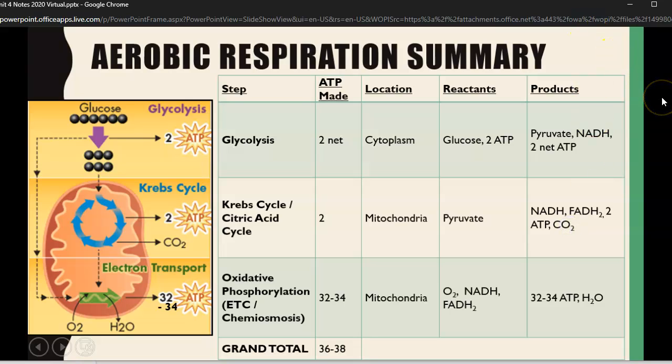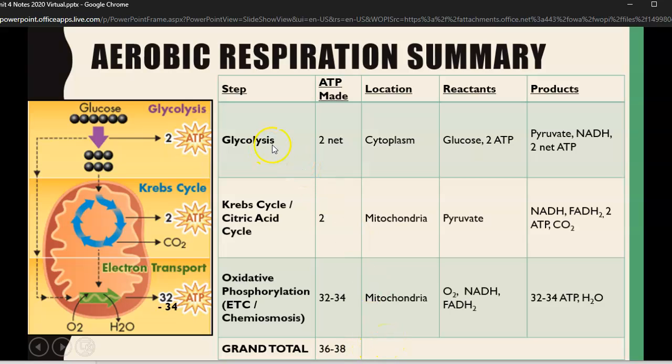All right, so this is your summary chart. Make sure you get this filled in. You have all 3 steps of your aerobic respiration. We have the ATP that's made at each step, and if you add it all up, we are getting 36 to 38 ATP. So that's a lot of energy that our cells can use.